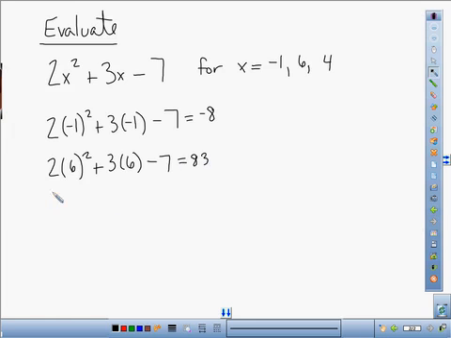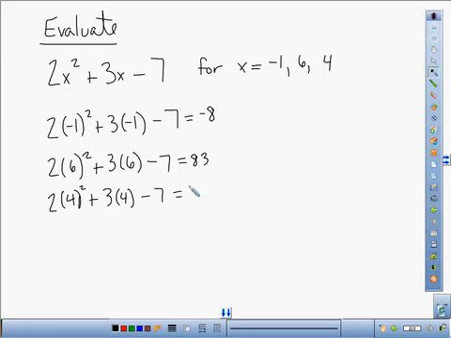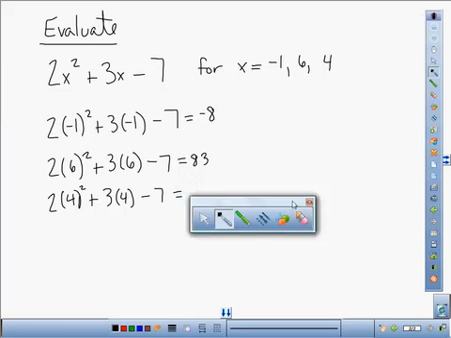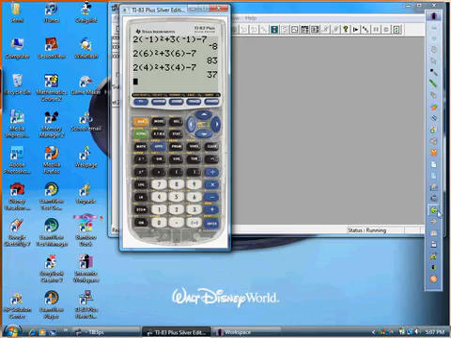So, 1 left to go. 2 times 4 squared plus 3 times 4 minus 7 is equal to, let's figure out what that's equal to. So I'm going to do the same thing. Second, enter. I'm just going to scroll over here, change that to a 4, change that to a 4, hit enter, and I get 37. So you can evaluate polynomials by plugging numbers in.